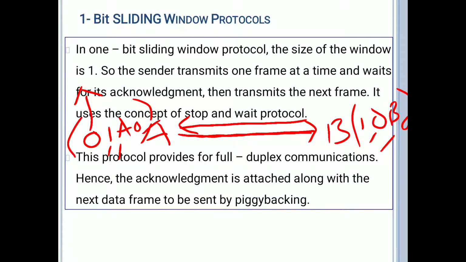In this way the data is transmitted from A to B and similarly from B to A. Both directional data transmission is possible, that is nothing but full duplex communication mode.